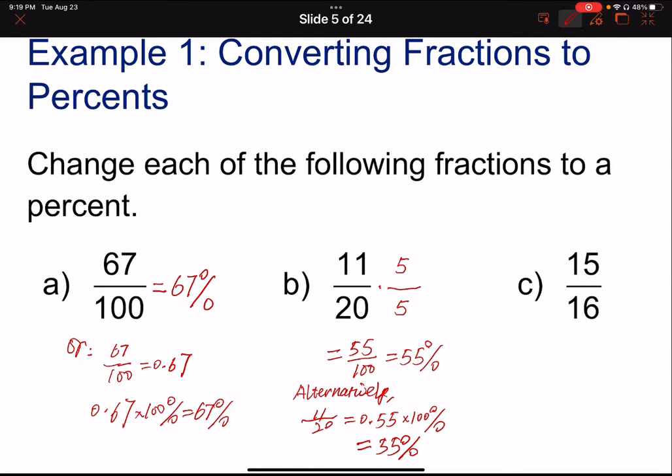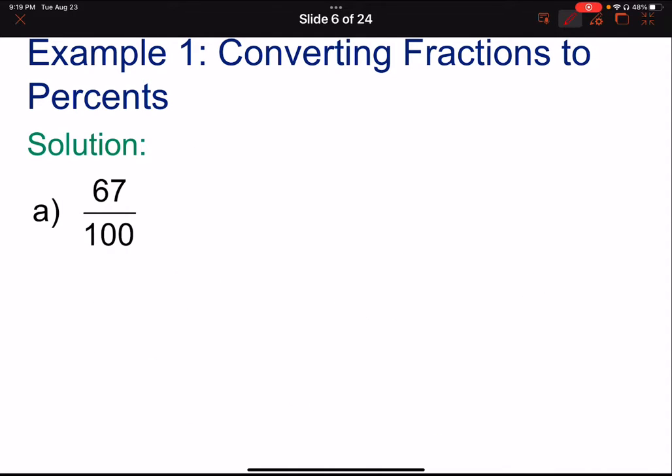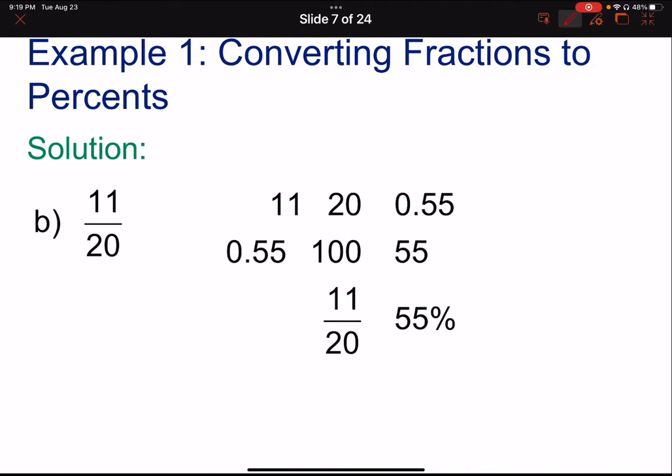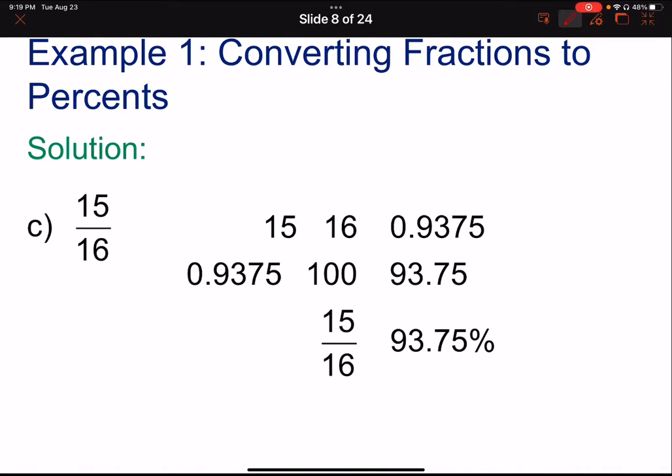Okay, now let's look at 15 over 16. So we first need to convert this to a decimal, and you can use a calculator to find it's 0.9375. Okay, so next 0.9375 multiplied by 100 equals 93.75, right?